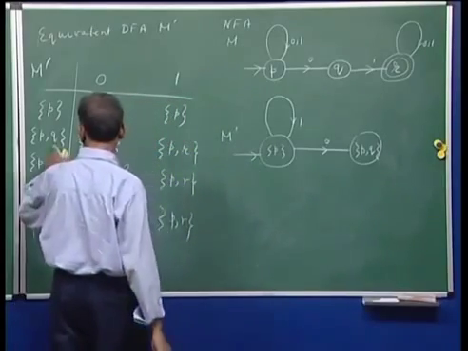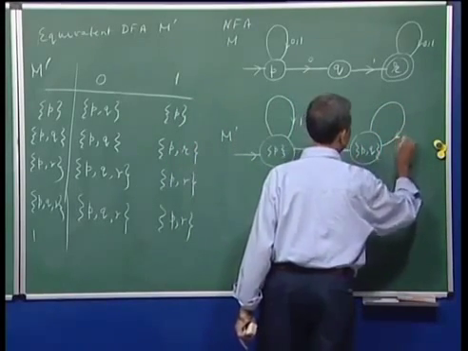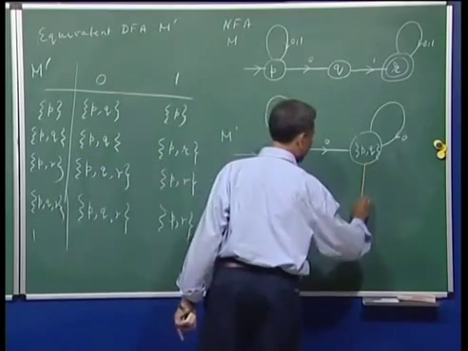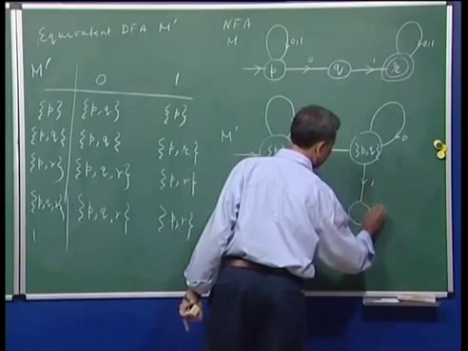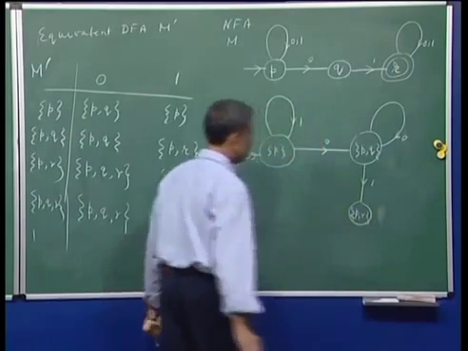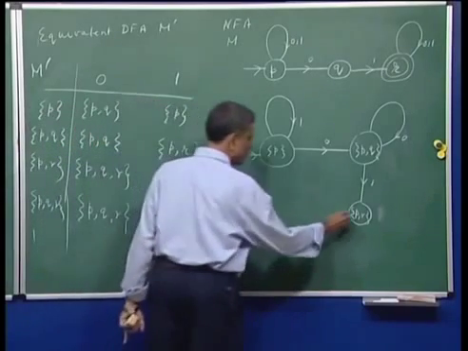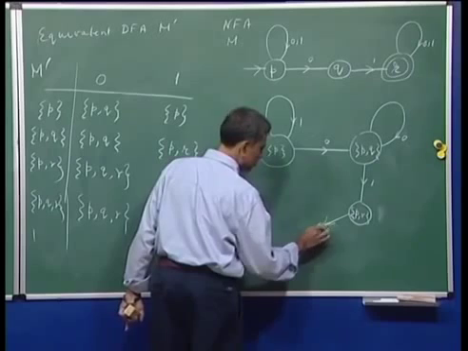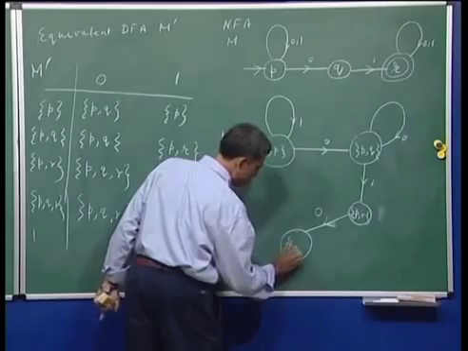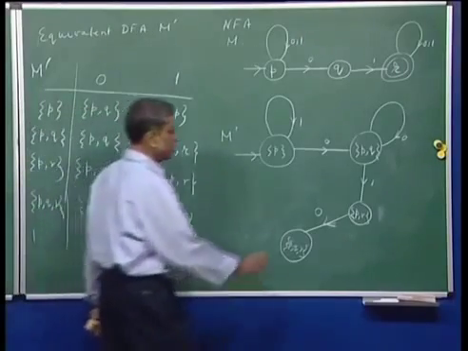From PQ on 0 it remains in the same state, and on 1 it goes to a state PR. From PR on 0 it goes to a state PQR, and on 1 it remains here.